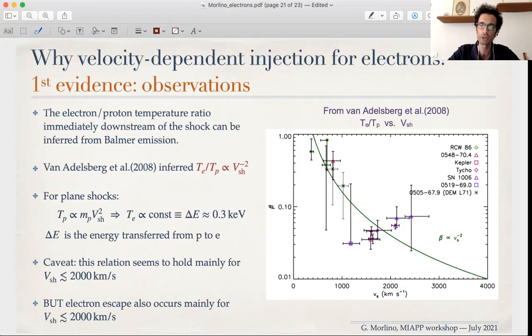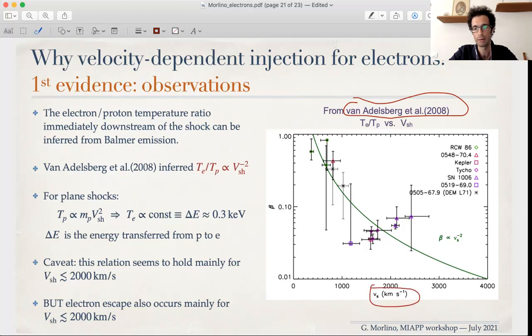For collisionless shocks observed in Balmer lines, it is possible to infer the electron to proton temperature just behind the shock. This has been done by several papers, especially by van Adelsberg et al. And so you see in this plot on the right data showing the temperature of electrons over protons with respect to the shock speed.